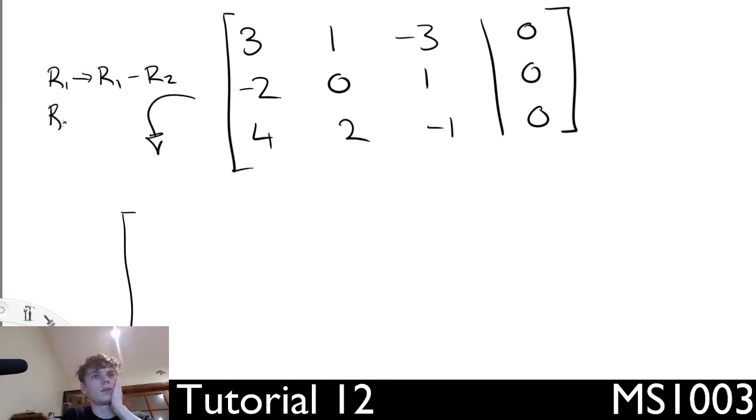I'm going to take row 3 and I'm going to replace it by row 3 plus 2 times row 2. Okay? So 3 plus minus 2 is 1. 1 plus 0 is 0. Minus 3 plus 1 is going to be minus 2.